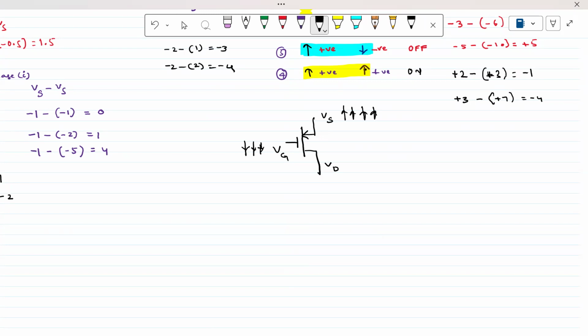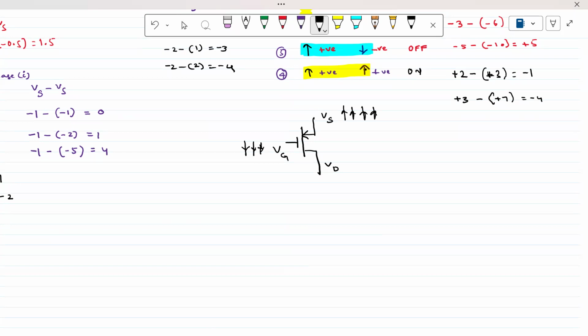Therefore, we always think about it: the gate potential of the PMOS transistor should be as low as possible compared to the source potential. If the source potential goes in the negative direction and the gate goes in the positive direction, then definitely the transistor becomes an off transistor, right?